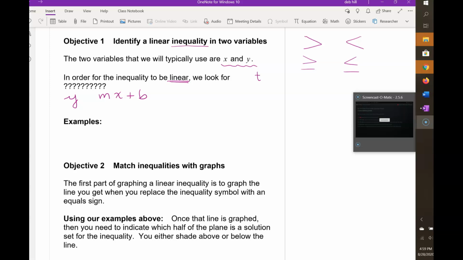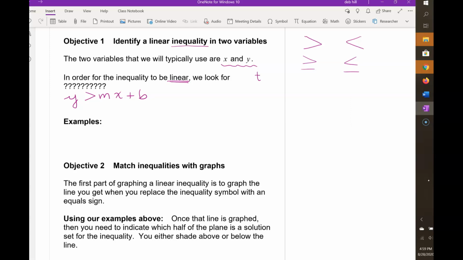And then you would have one of the inequality symbols between the y and the mx plus b. When there's an equals there, we're talking about a straight line. And then when we put an inequality, we're going to talk more about what does that mean and how does the graph look. So the things to look for are x and y have no exponents.